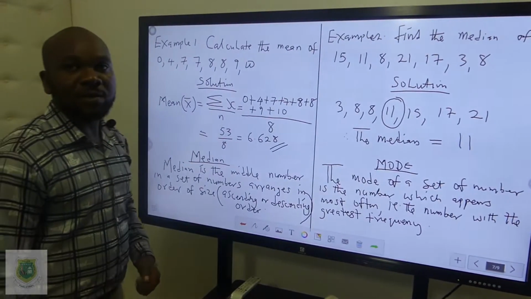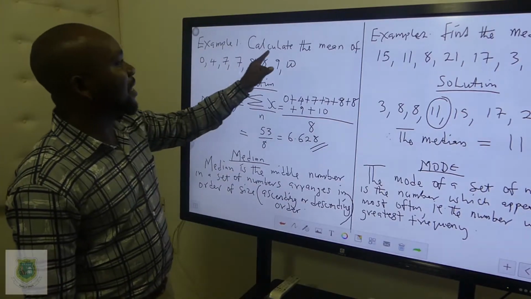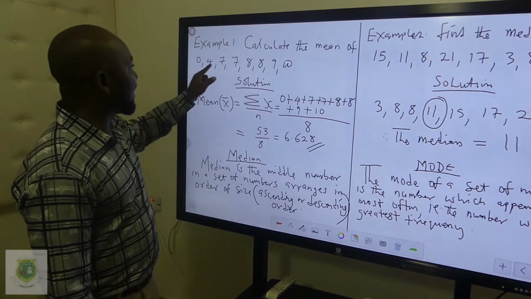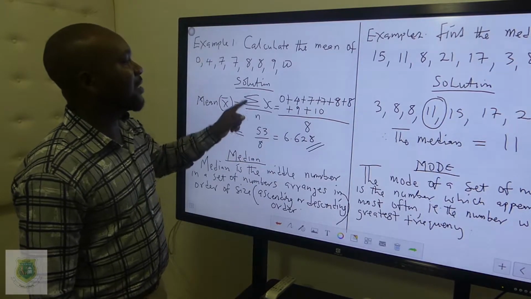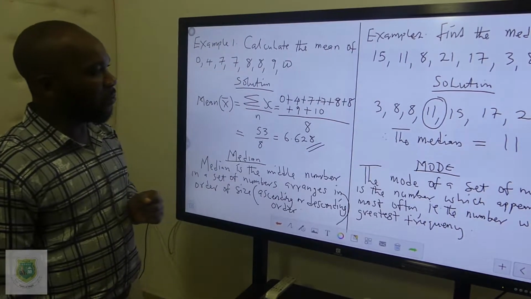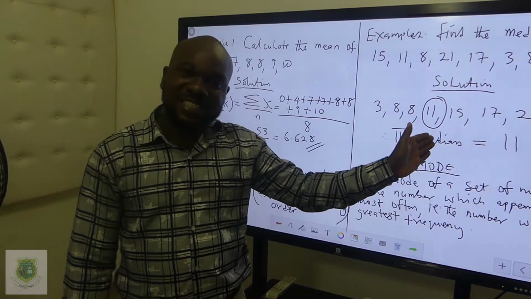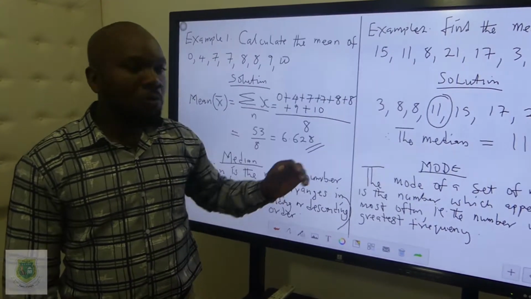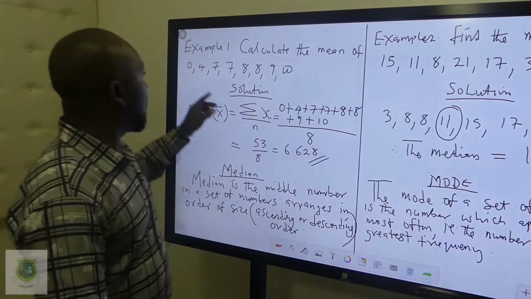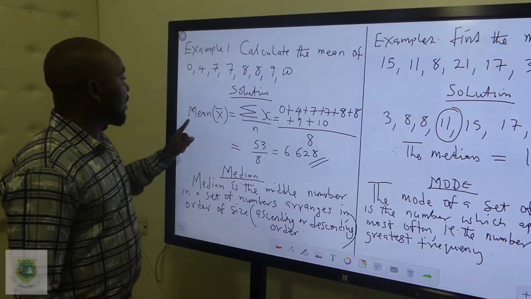Look at example 1. This example is under mean. Calculate the mean of 0, 4, 7, 7, 8, 8, 9, 10. Then we have to remember the formula. Mean is equal to summation of x all over n. What is n? n stands for the number of elements. Each of these is referred to as an element.